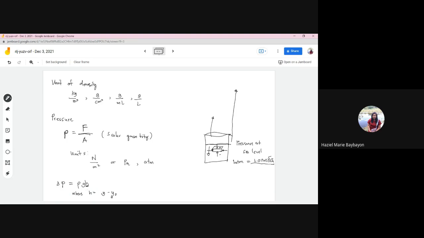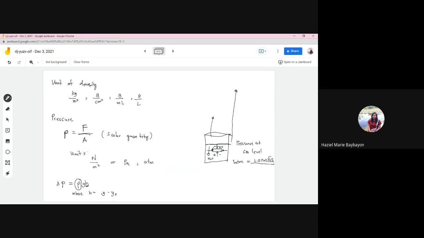Okay. So now take note that this rho here is not the density of the material submerged in the fluid. This is the density of the fluid. So if this is water, then the density is 1,000 kilogram per meter cube.